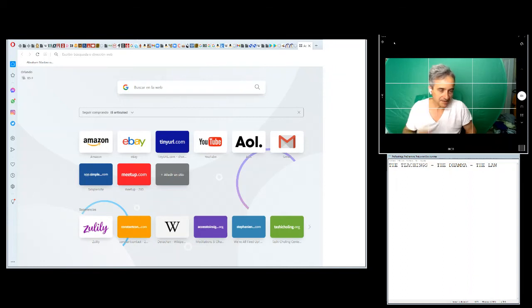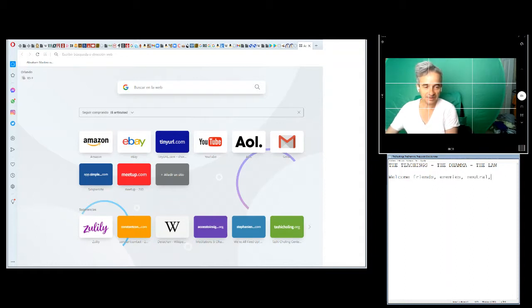So I opened up a notepad, you can see here. Let's see if I can type. You can see that I can type, right? So I type welcome, friends, enemies, neutrals, and kind mothers.